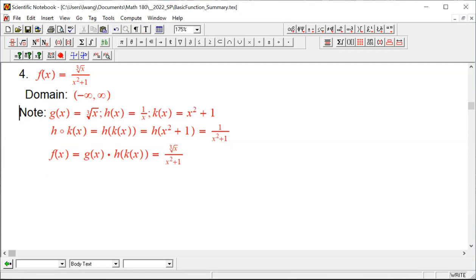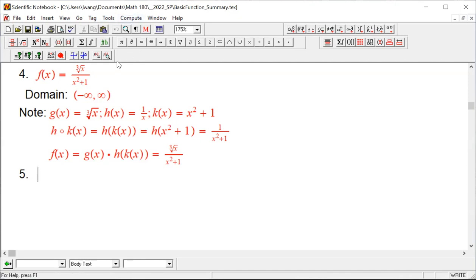So, all right, we're dealing with these domains of functions. And let's look at another one. Okay, these are related to trig functions. So I'm going to give you number 5, right?